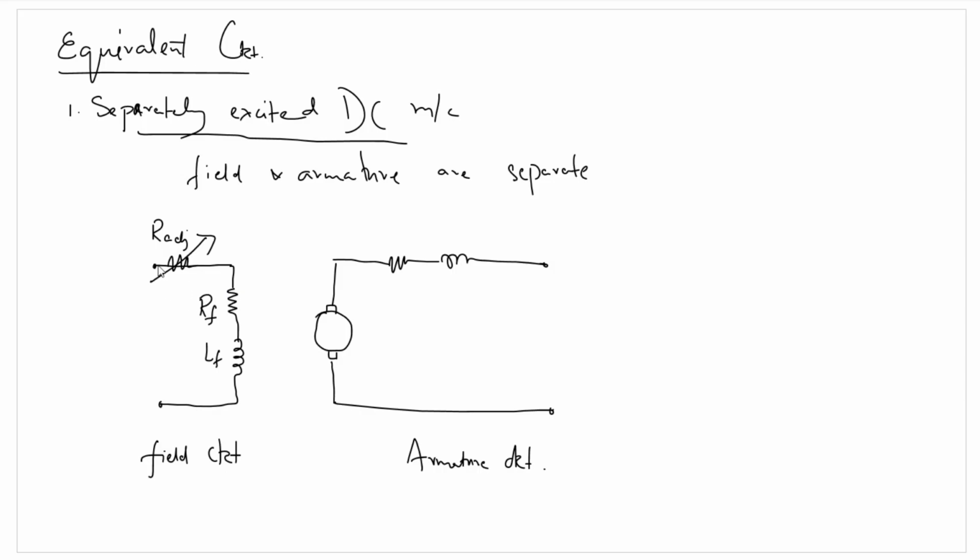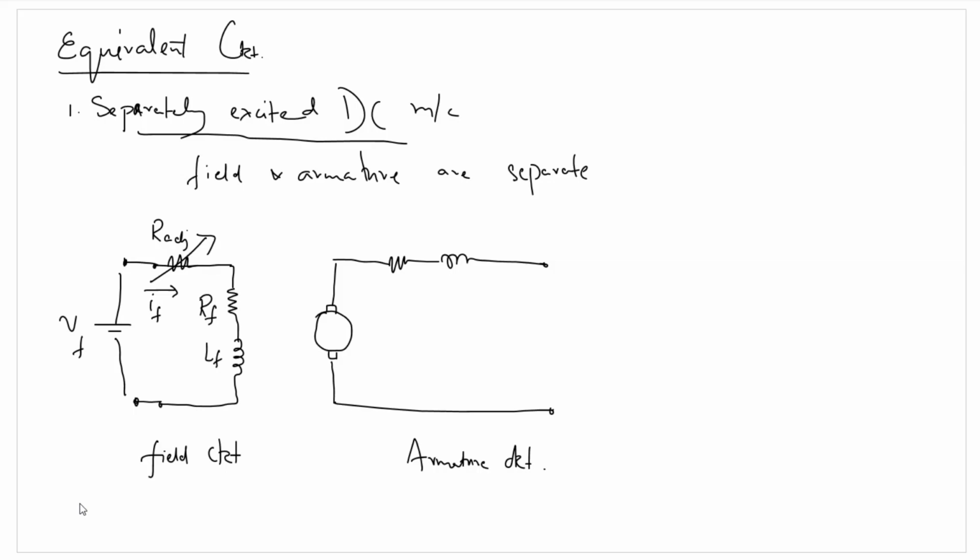Irrespective of whether this is a DC motor or a DC generator, the field windings will be energized by a field source, that will be a DC field, such that current IF will be established in this circuit.